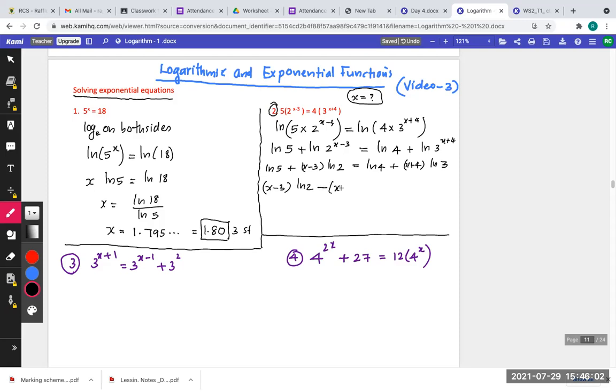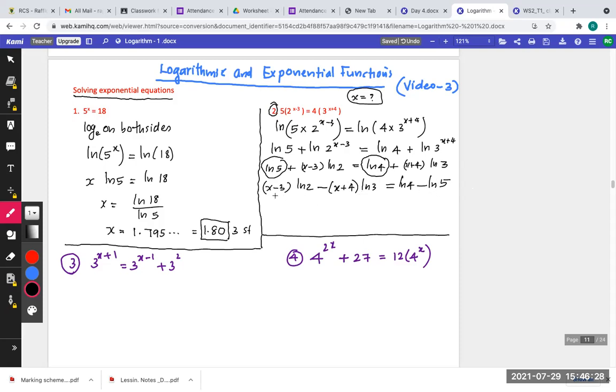When you move it to the left, it becomes negative x plus 4 times ln 3. That's equal to, on the right side there is a constant, ln 4, and on the left side also there is a constant, ln 5. When I take it to the right, it becomes negative ln 5. It's actually not taking to the right, you are subtracting ln 5 on both sides.